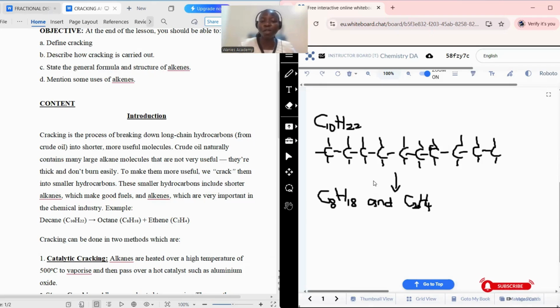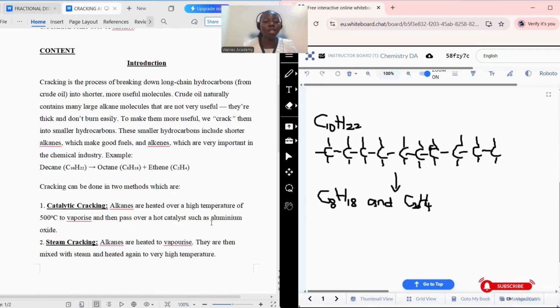So when we sum this up all together, it gives us 10 carbon atoms. So the atoms of the reactant and the product have to be the same during cracking. So in this case, decane is broken down into smaller hydrocarbons, which are octane and ethene.